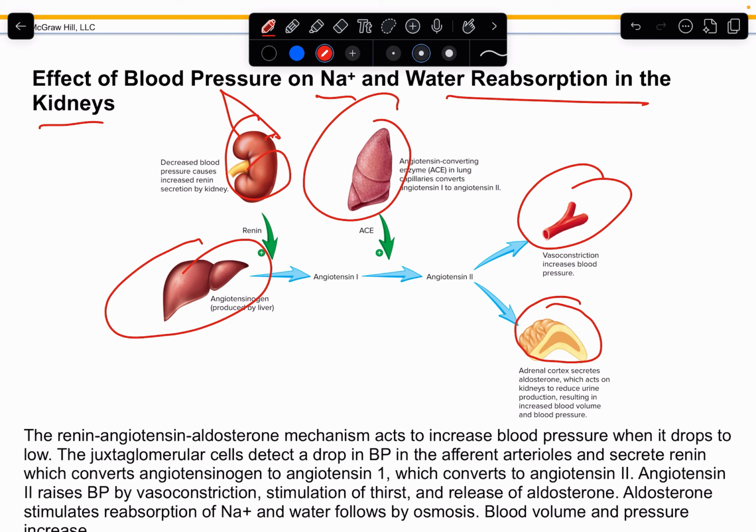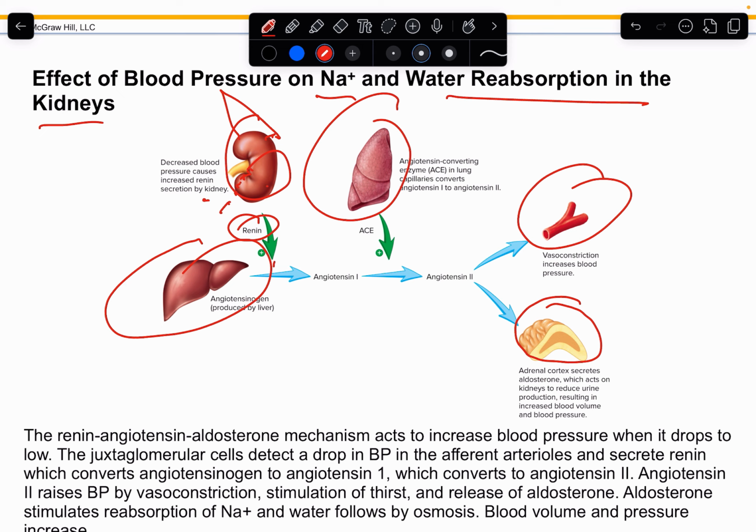Decreased blood pressure causes increased renin secretion by the kidney. If your blood pressure is low, less blood is coming through, so the kidney can detect that blood pressure level. So what does the kidney produce? Renin. Renin goes to the liver. Angiotensinogen is produced by the liver.